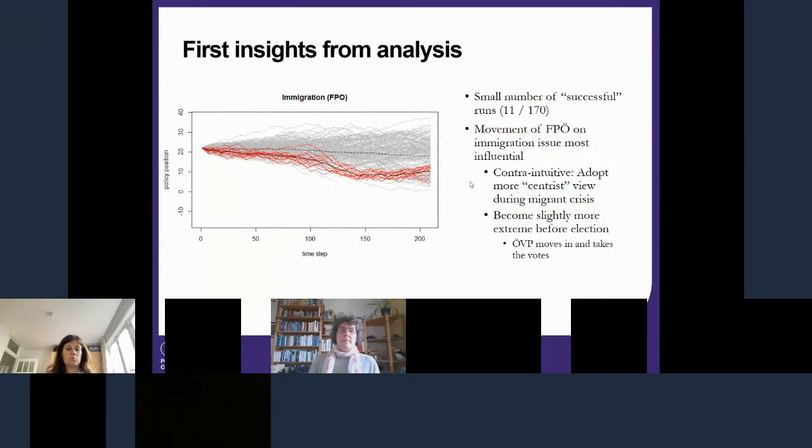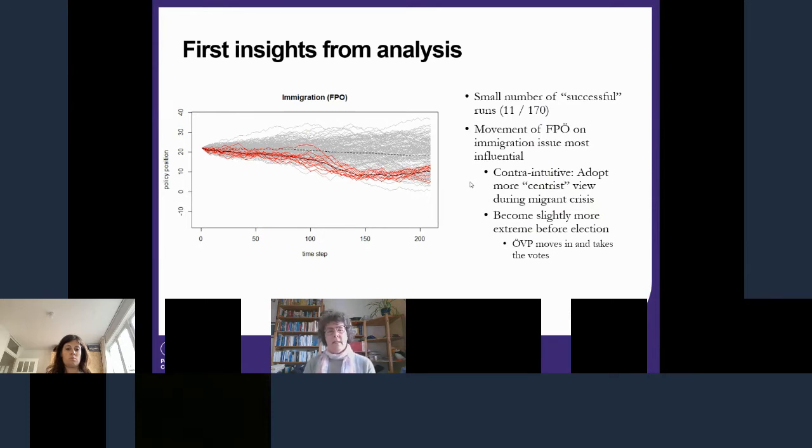We've done some analysis. I've done 170 runs in total, and only 11 or 12 of them are actually successful. In this graph, you can see the successful ones in red and all of them in gray. What is shown is the movement of the Populist Party on the immigration issue.